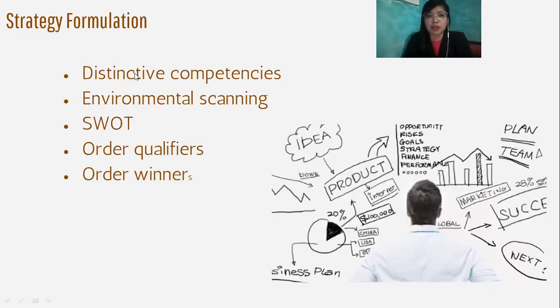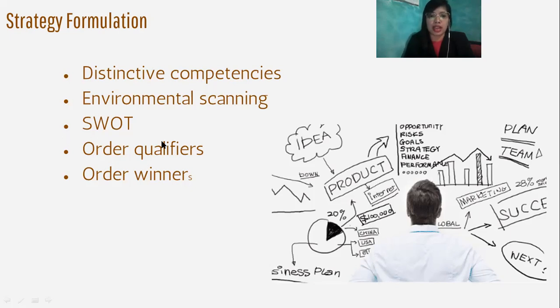For the strategy formulation, we have the following. We need to distinguish the competencies of our products and services, and the environmental scan. We need to have the SWOT analysis of our business, as for the strengths, weaknesses, opportunities, and threats.